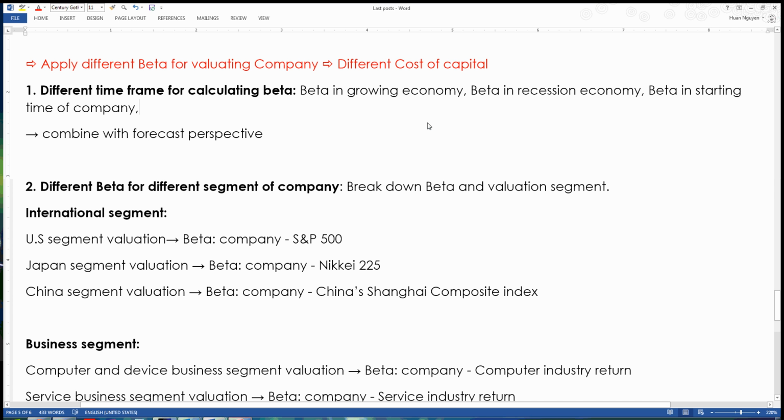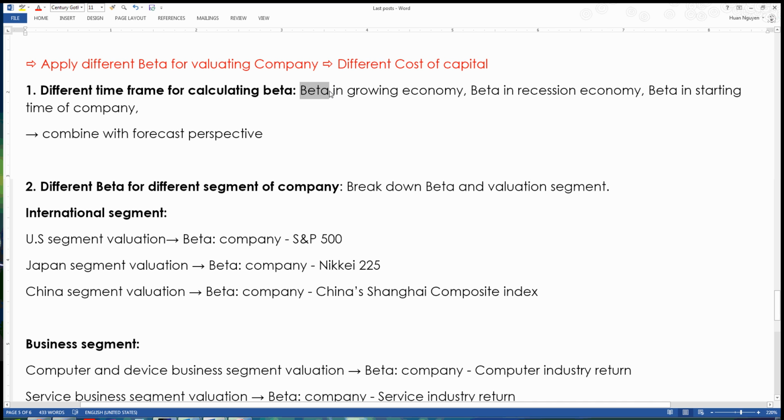If we evaluate a company using discounted cash flow, we will forecast for 5 or 10 years in the future, and in each period of those future years, we predict that the company should be growing or in a recession, and for that period we should have a relevant beta.